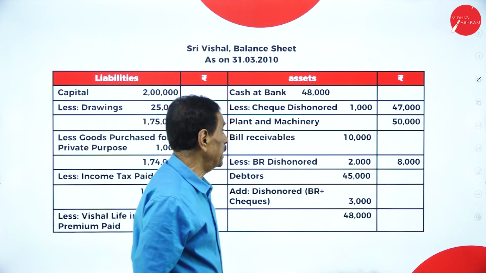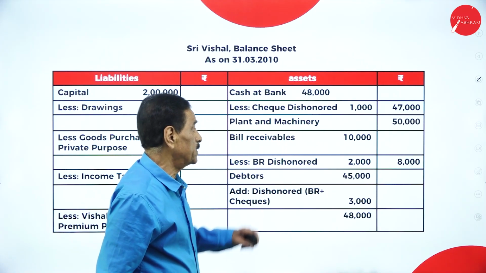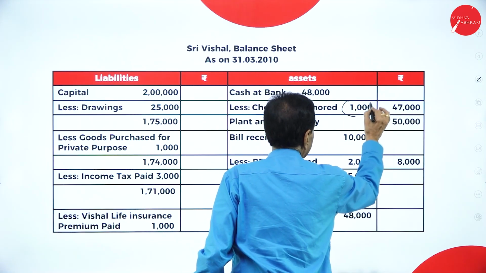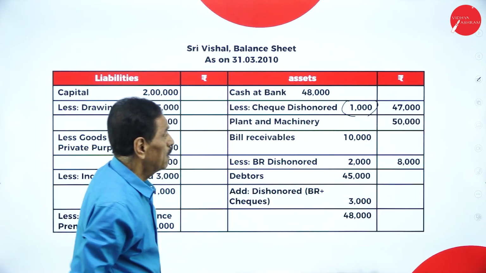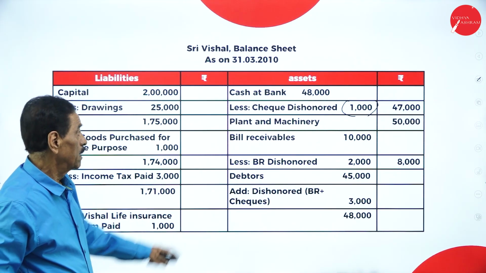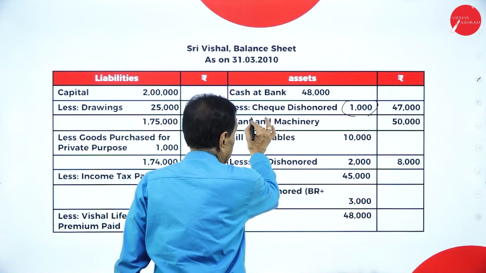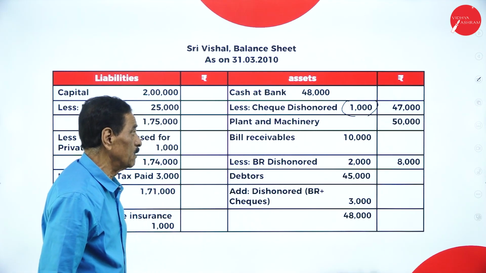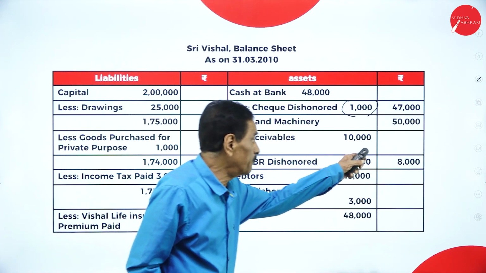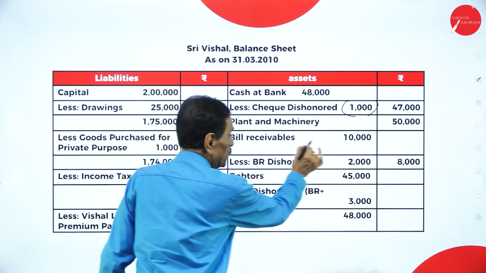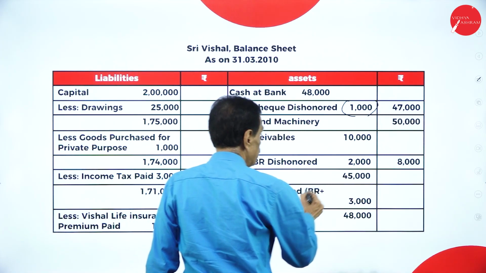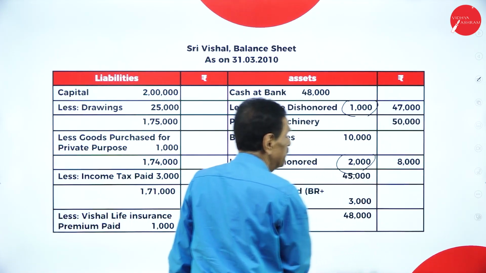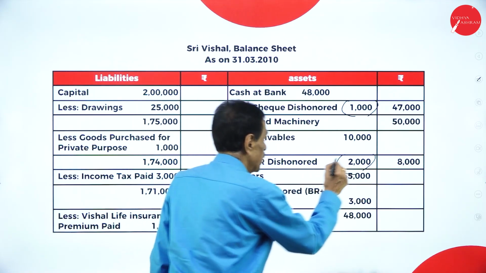Cash at bank 48,000 minus check dishonored 1,000, it becomes 47,000. Plant and machinery 50,000. Bills receivable 10,000 minus BR dishonored 2,000, it becomes 8,000.